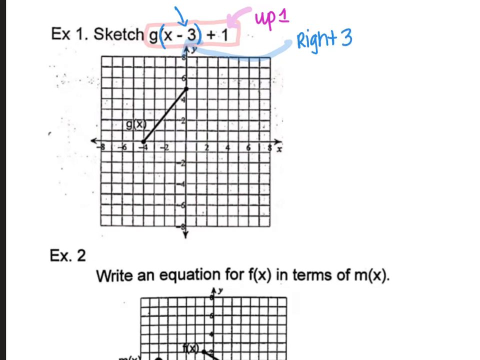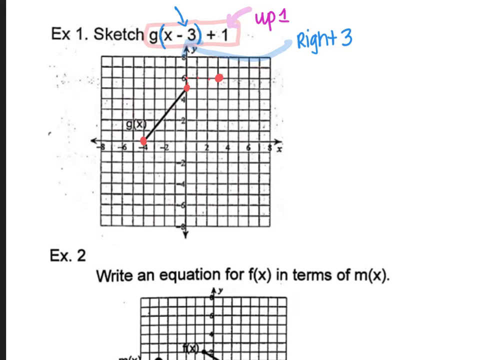So we have 2 points on this graph. We have a point here, and we have a point there. We're going to move each of those points up 1, right 3. So I'm going to go up 1, which will be there, and right 1, 2, 3, and that is where my new point will be.